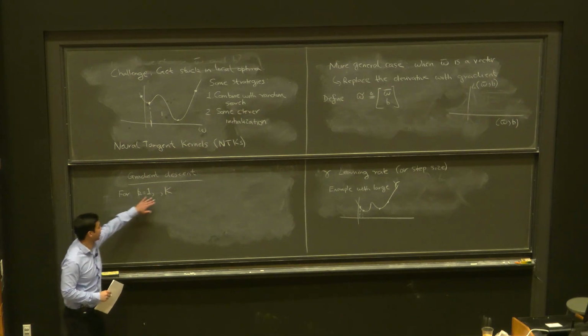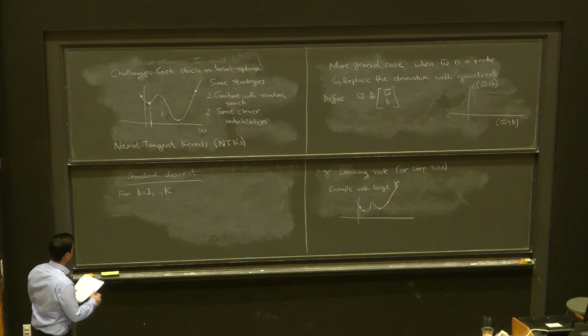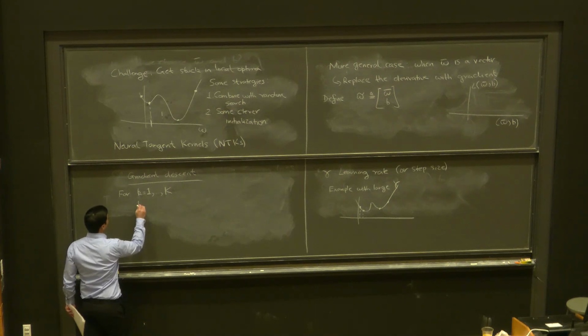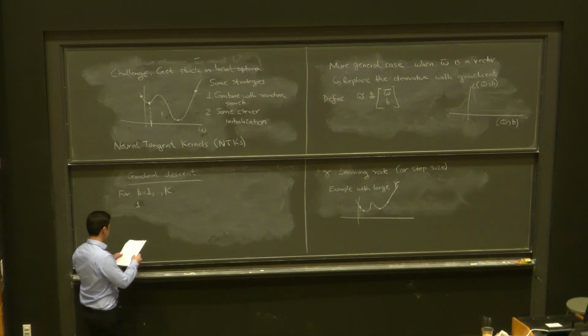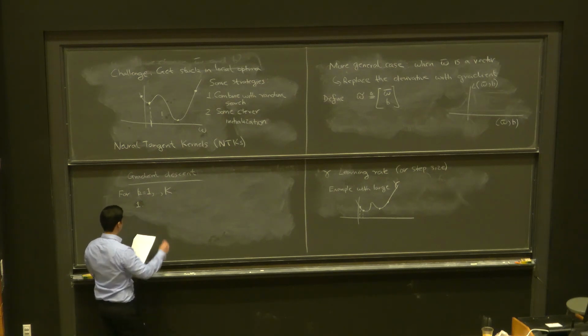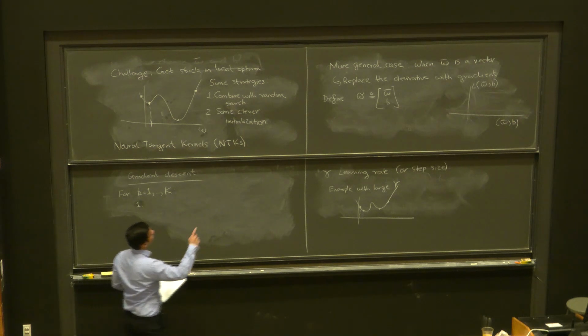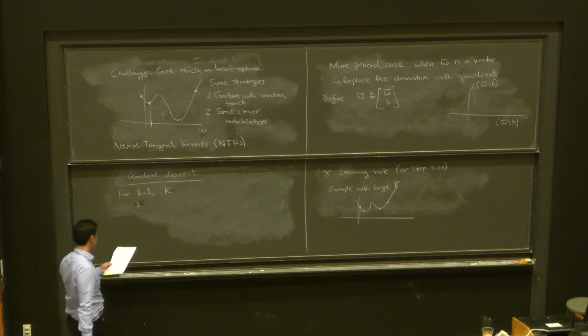I'll come back to the number of iterations in just a bit, but let's say we're doing this for some finite number of iterations. We go through this series of steps. Before this, we choose some random W tilde, a random initialization for the W and the B.